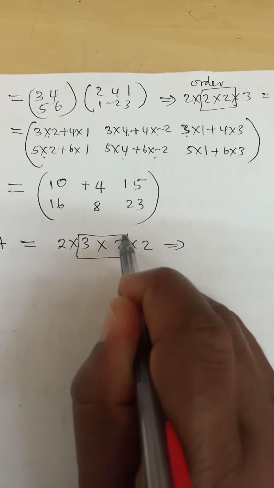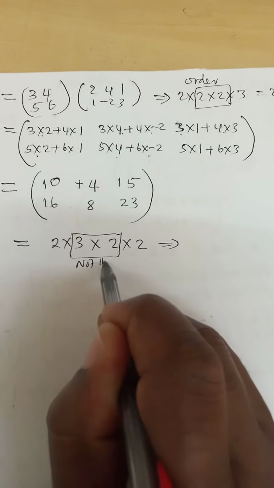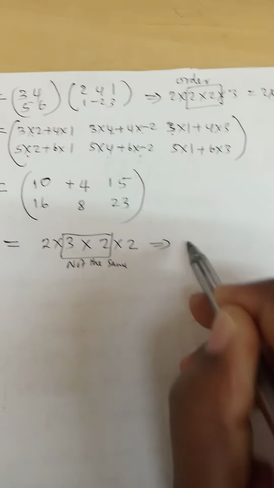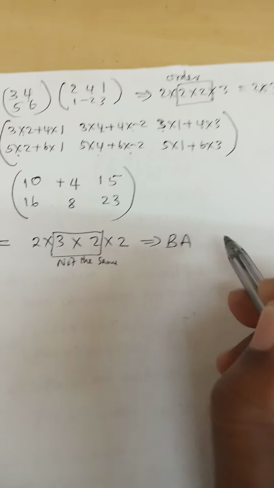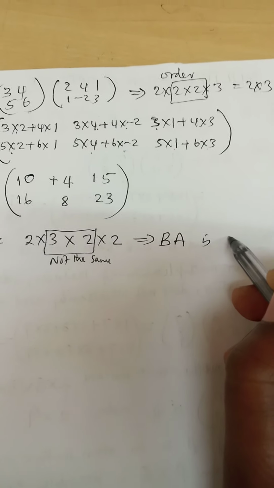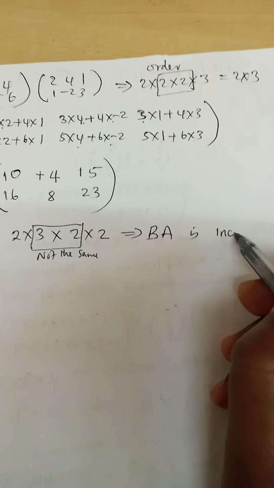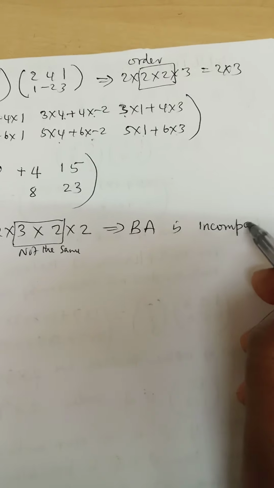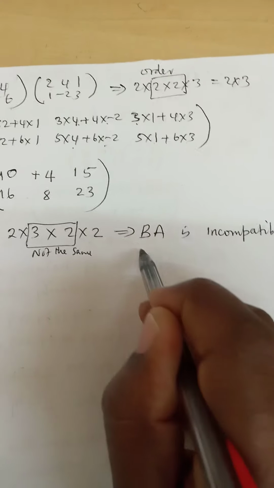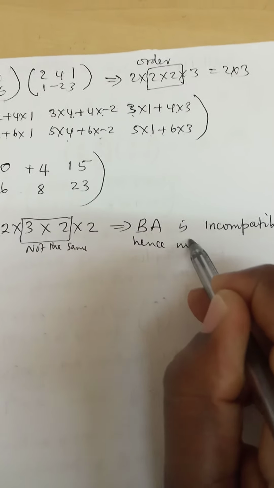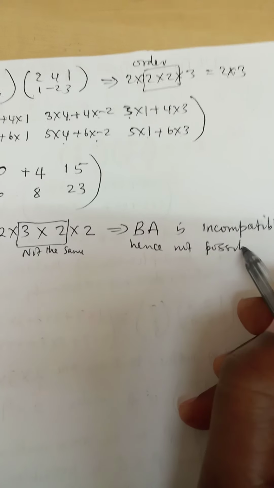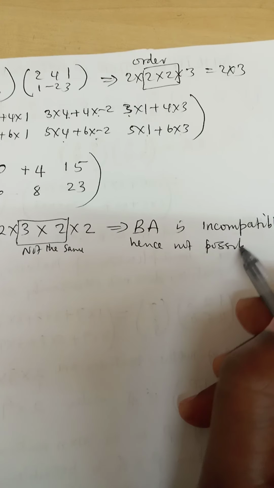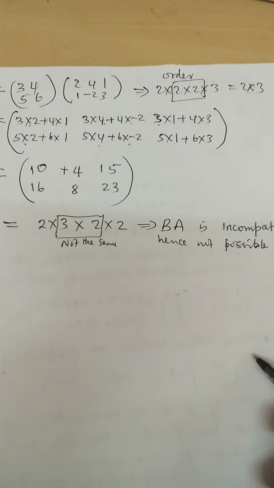Since this is not the same, it implies that BA is an impossible matrix. It is incompatible and therefore not possible. In some cases, they can ask you to state whether the multiplication is possible or impossible.